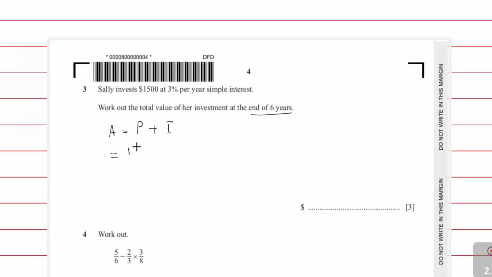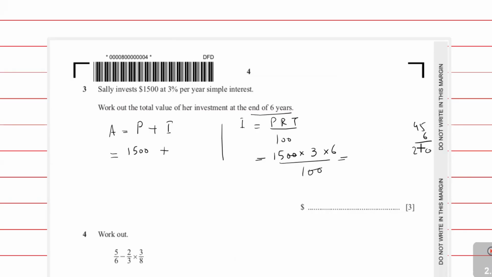Here the principal amount is 1500 and the interest we can calculate by using the formula I equals PRT over 100, where P is 1500, the rate is 3 and the time is 6 years, over 100. We will multiply 15 times 3 is 45, 45 times 6 is 270, and therefore the interest is 270. We will add these values, and we get $1770 will be the amount after 6 years, and this is the answer.